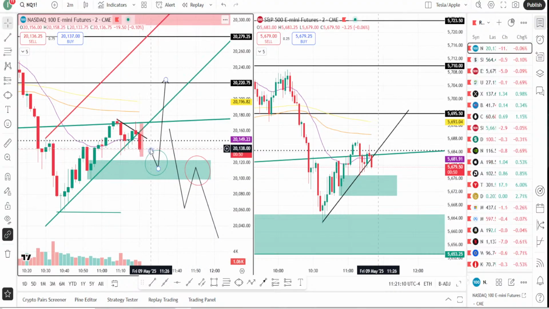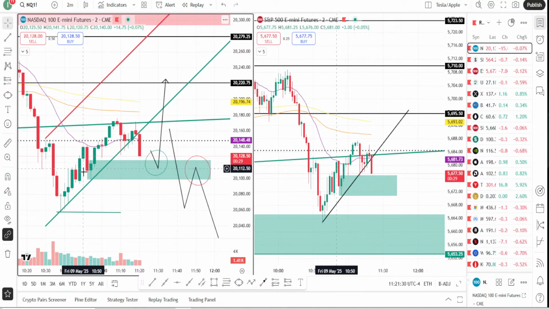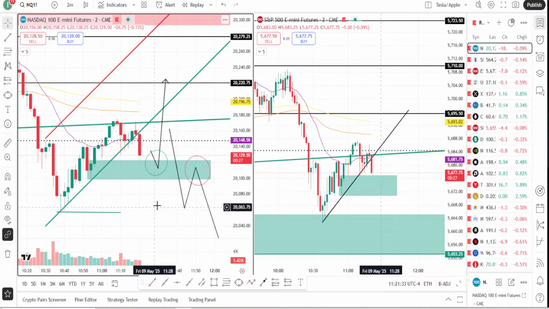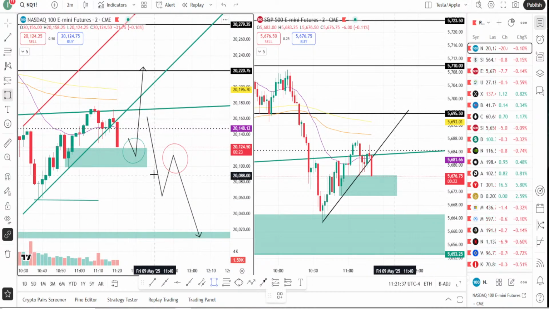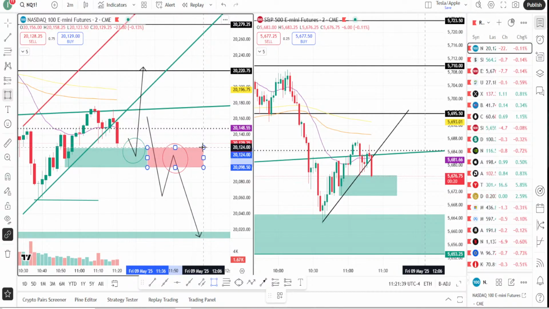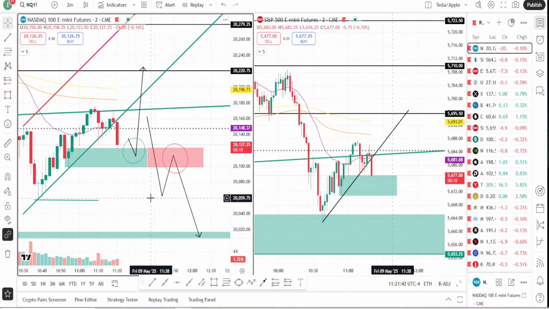There it is. You see, this is why I didn't want to buy into this right here. I would rather see a tap into this demand zone and then have buyers come into the market. Now if we do not get that setup, then I'm looking to find resistance here at this support line. If we break past this demand zone, I'm looking to use it as supply in the future.